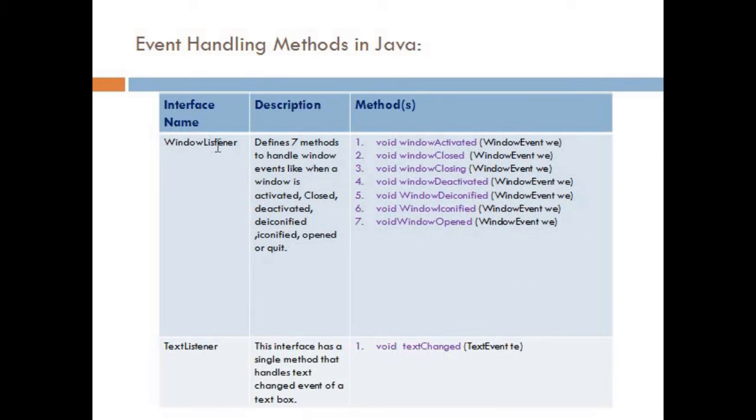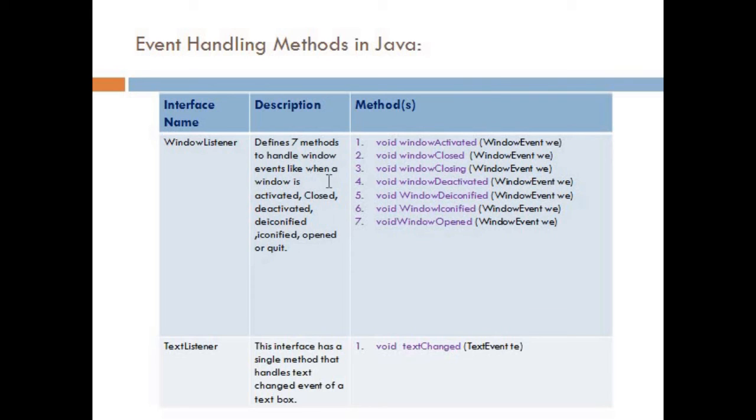Now let's come to the next interface, which is the WindowListener. This interface defines 7 methods to handle the window events, like when a window is activated, closed, deactivated, deiconified, iconified, opened or quit. For such events there are 7 methods. So for the corresponding 7 events there are 7 different methods.